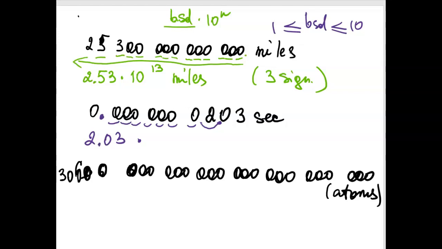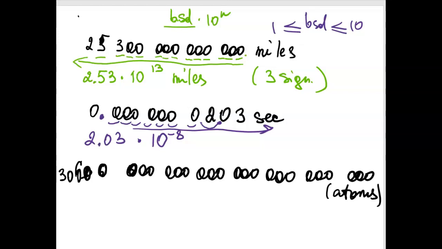And now I have to make it smaller to get the equal number. So multiply by 10. And when I go to the right, I will use a negative exponent. So it will be 2.03 multiplied by 10 to the power of negative 8.